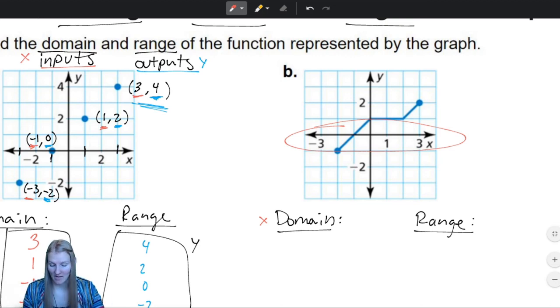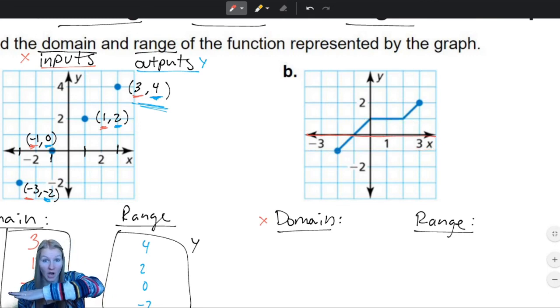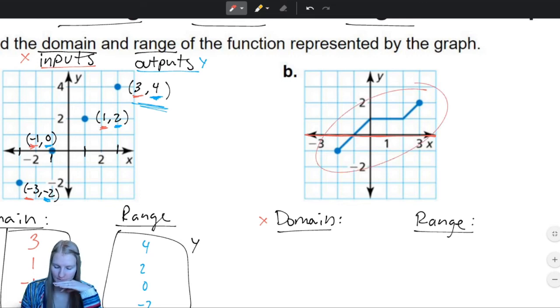So let's look at the x-axis. The x-axis is the horizontal axis, the one that goes from left to right. And what we're going to ask is what is the smallest number on the x-axis of our graph here?